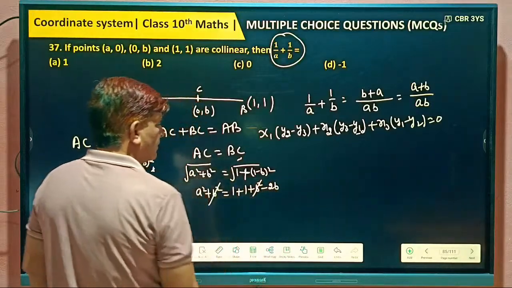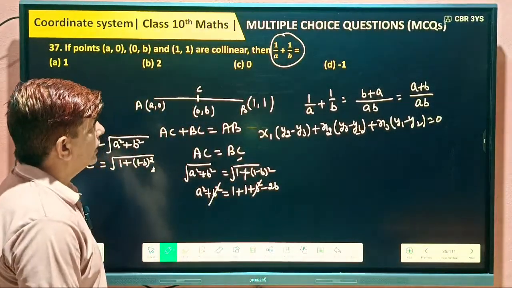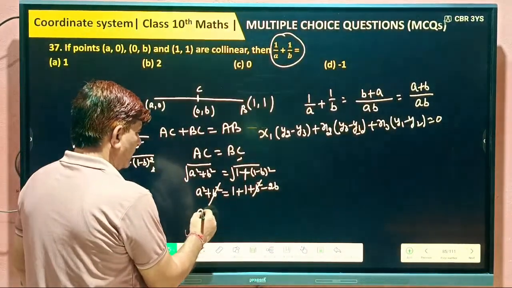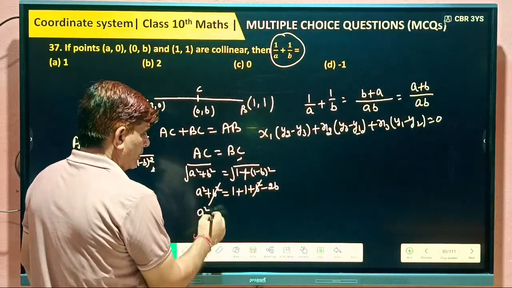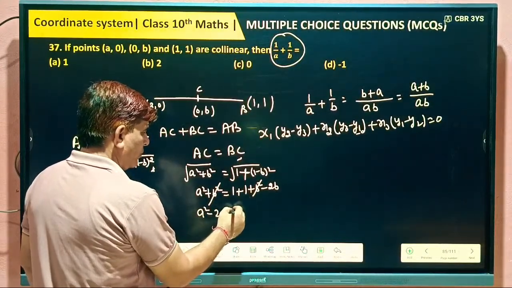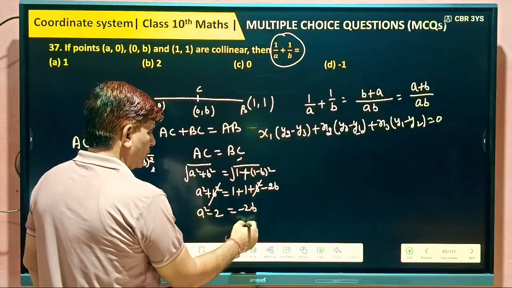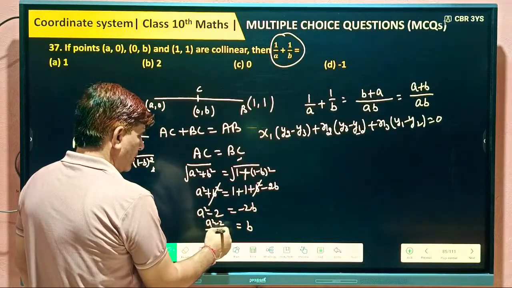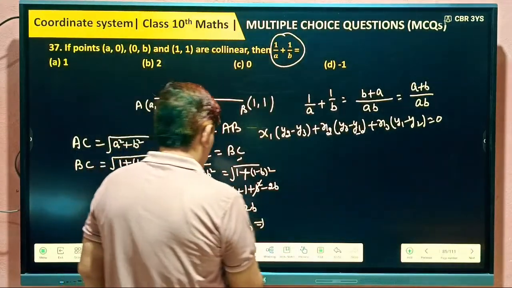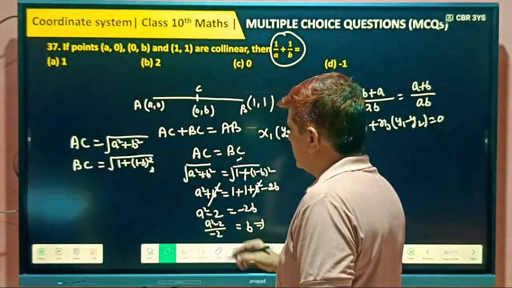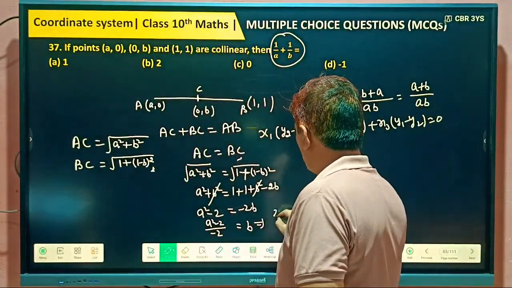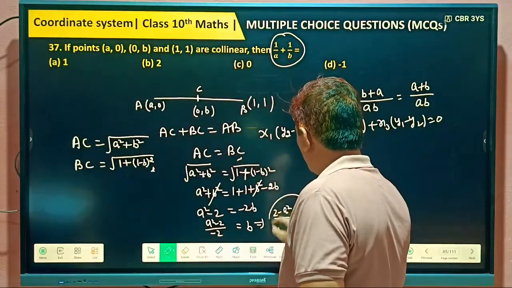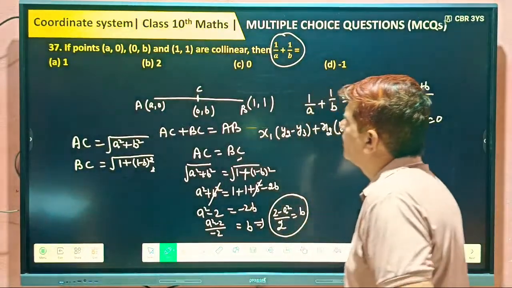This cancels this. So A square minus 2, 1 plus 1, 2, equal to minus 2B. So B equal to A square minus 2 by minus 2, so 2 minus A square by 2 equal to B. We will use its value.